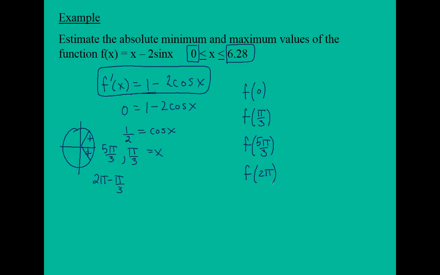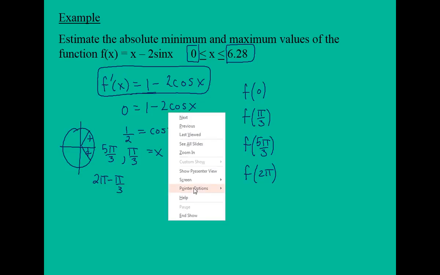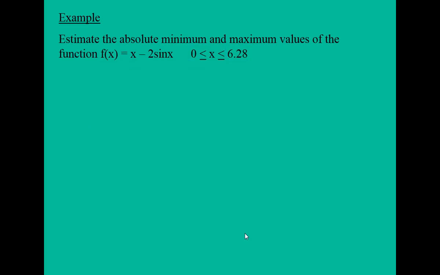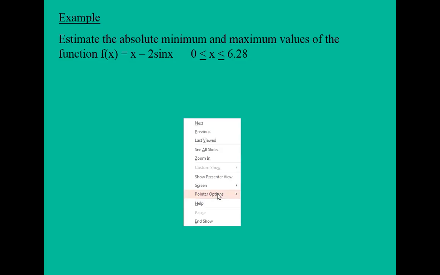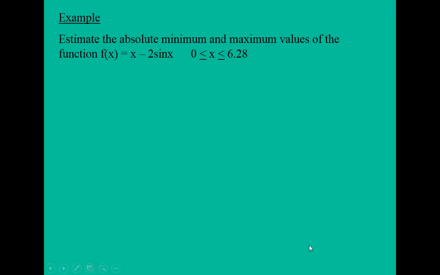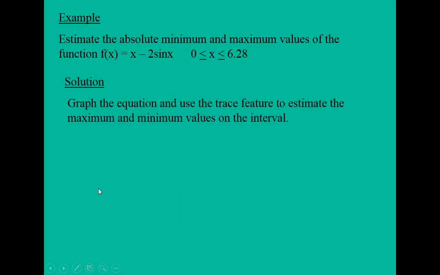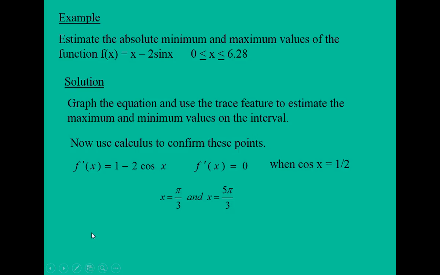The smallest value will give us our absolute minimum. Those are our critical numbers, and those are the values of the extreme values.